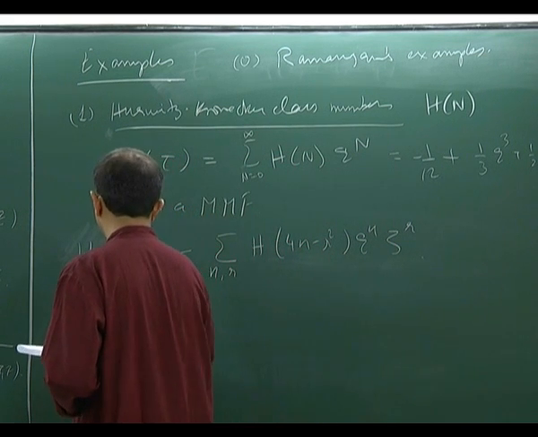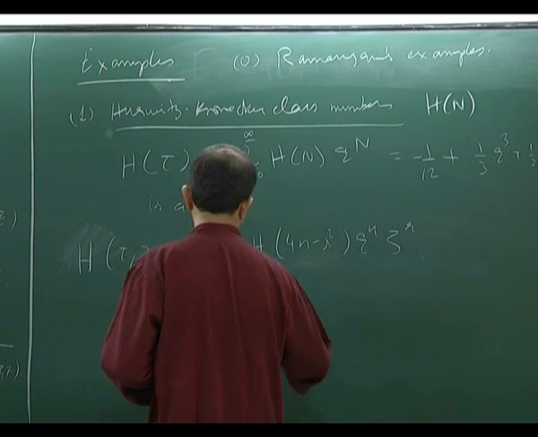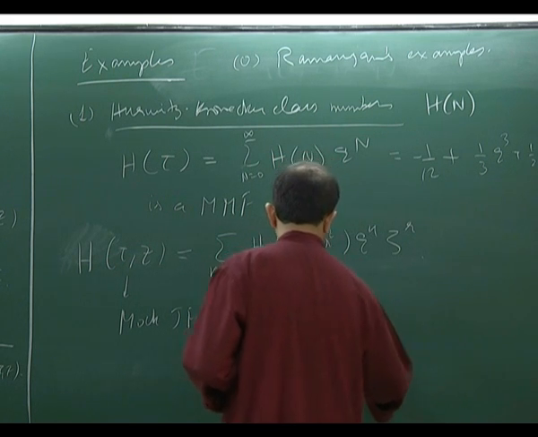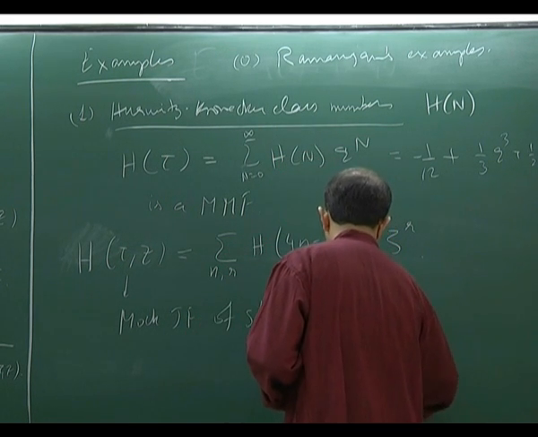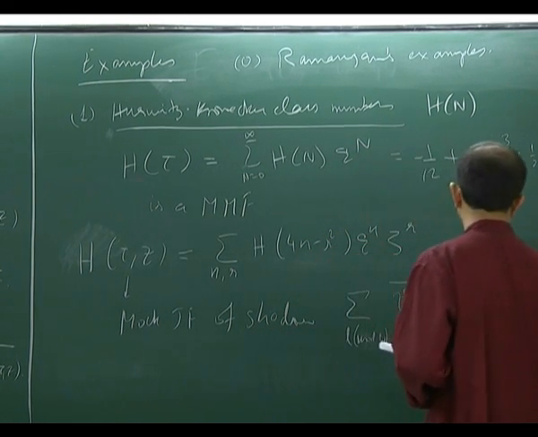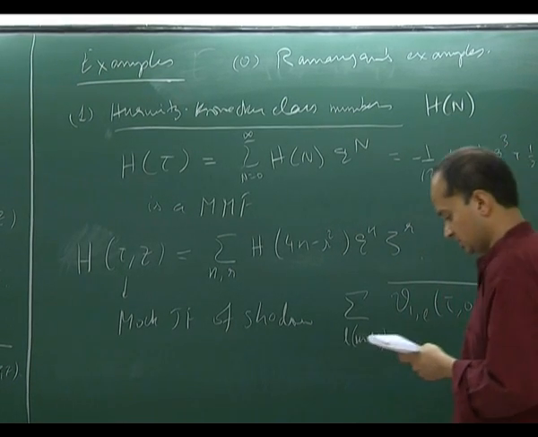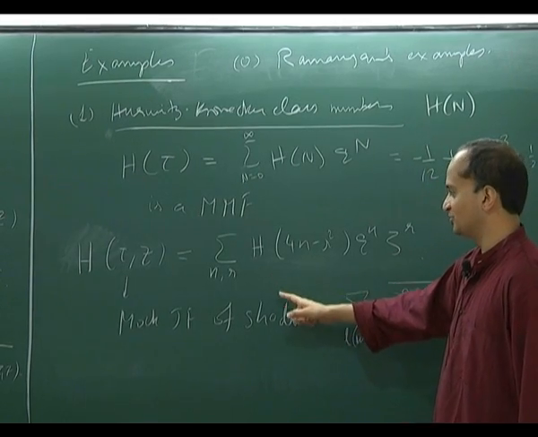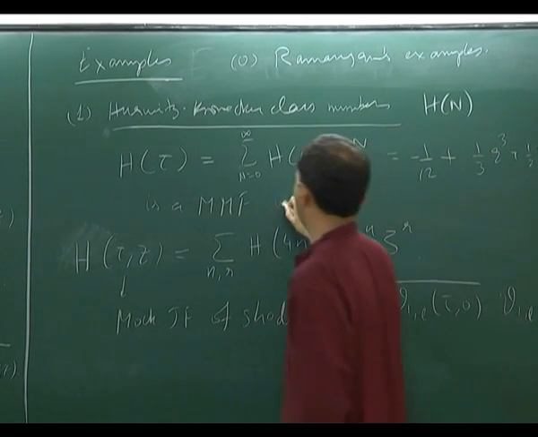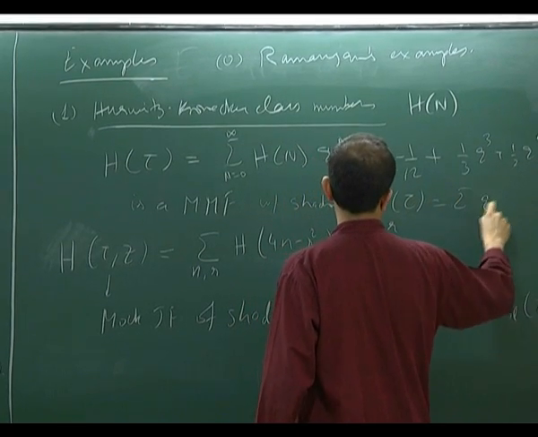And this is a mock Jacobi form of shadow sum over L modulo 2 of theta_1,L(tau, 0) times theta_1,L bar(tau, z). Knowing this, you can also compute the shadow of h because it's completely equivalent. In fact, the shadow is just the theta function, which is the sum of q to the n squared.